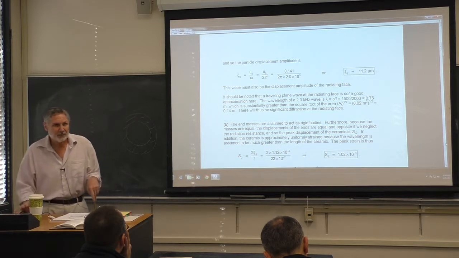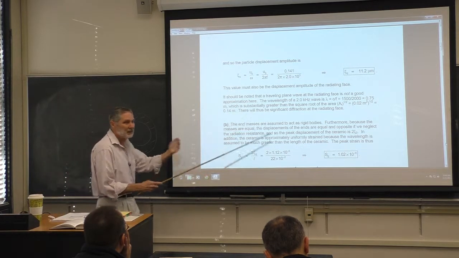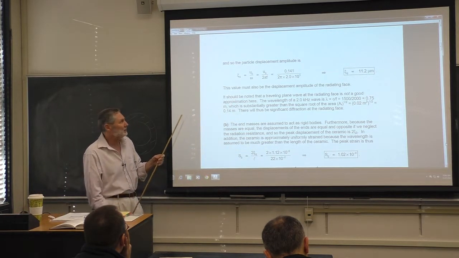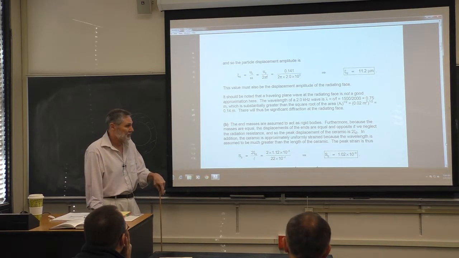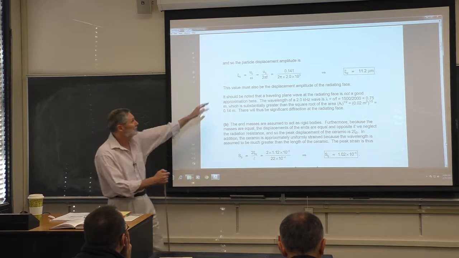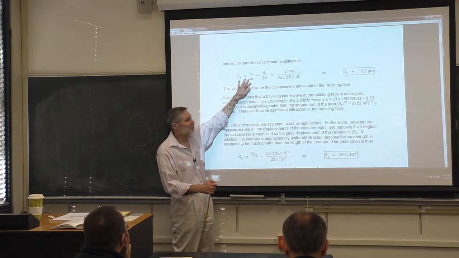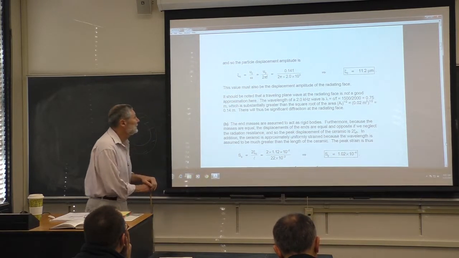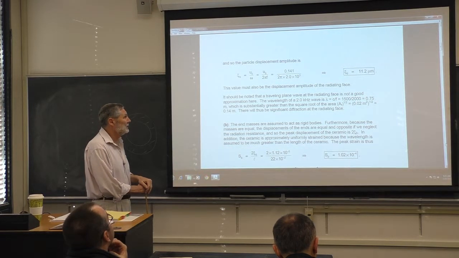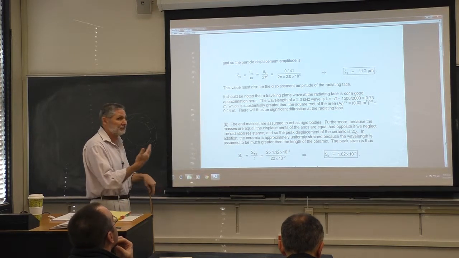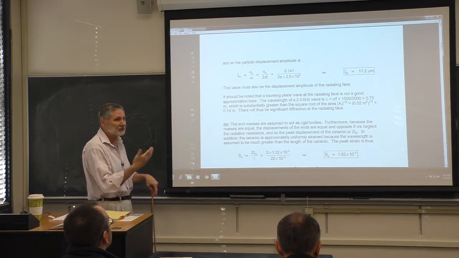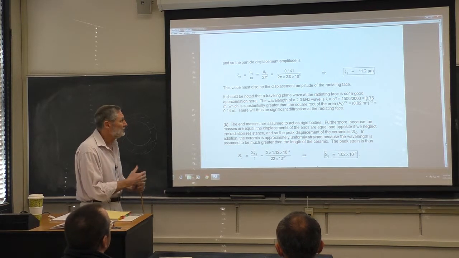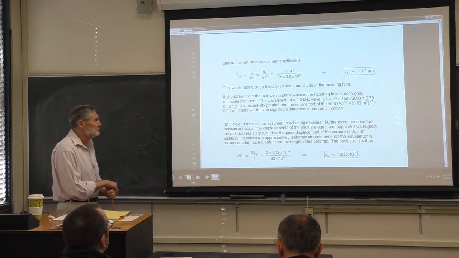Okay, we're asked to find the particle displacement. Well, anytime you have simple harmonic motion, if you know the velocity amplitude or the displacement amplitude, you can get the other. They're simply related by this, always for simple harmonic motion. So the displacement amplitude at the face of the fluid and, of course, the displacement of the face go together there.